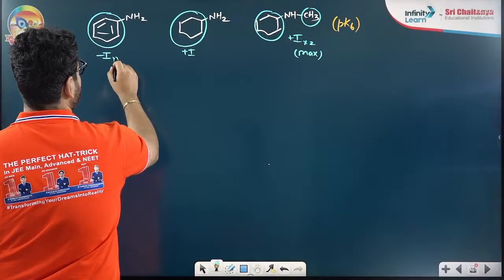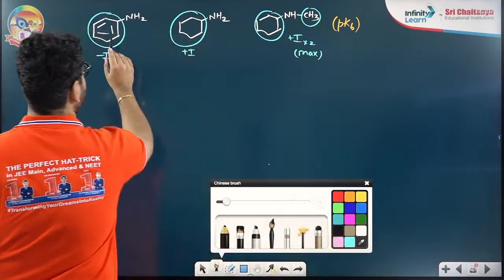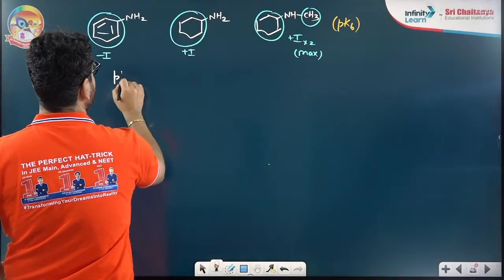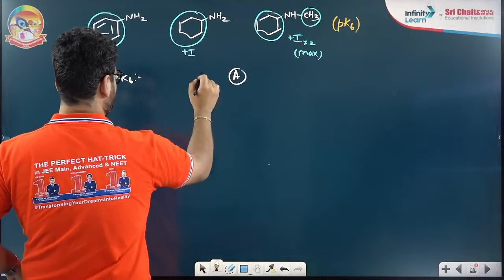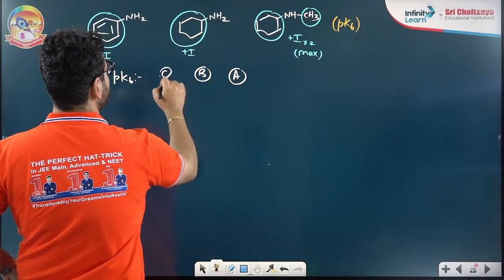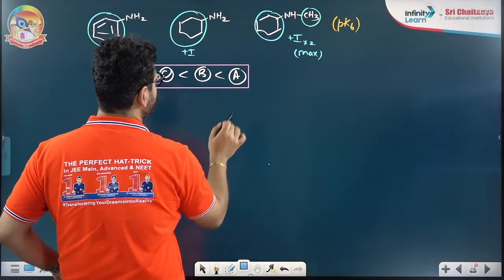Minus I will make it a bad base. So this base is bad, meaning its pKb will be highest. So pKb order will be highest for A, then for B, lowest for C. So C is the best base here. CBA is the increasing order of pKb.